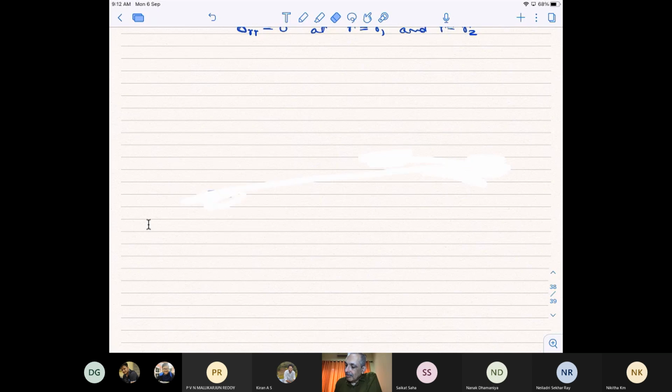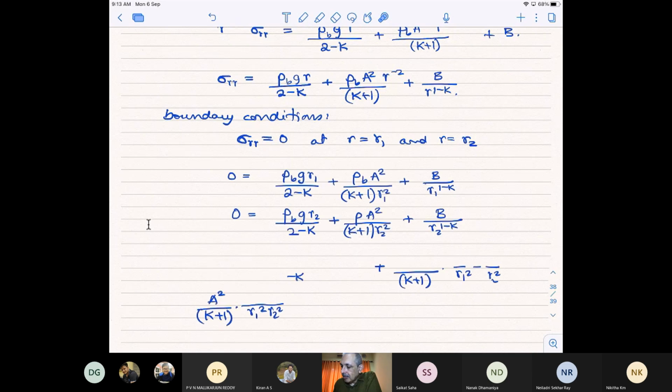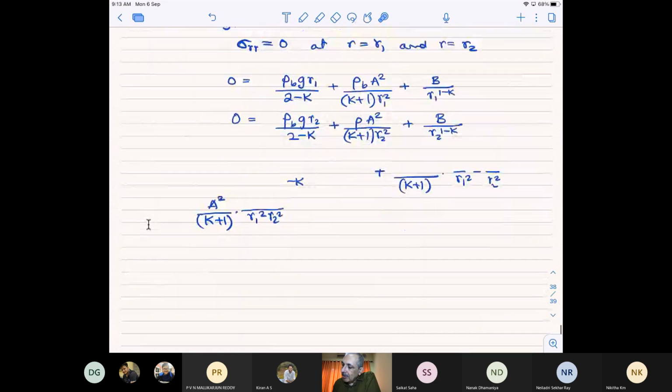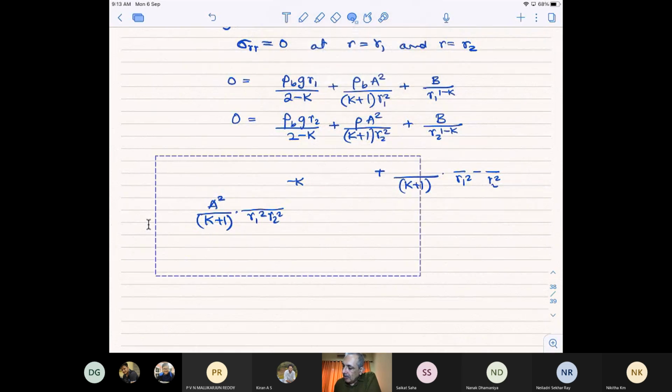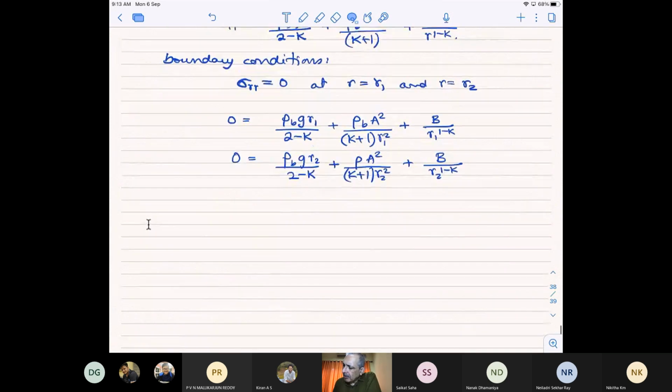If I want to eliminate that term, absolutely right. I shouldn't have rubbed out everything. These two equations are correct, but this is not, so I'll delete this.